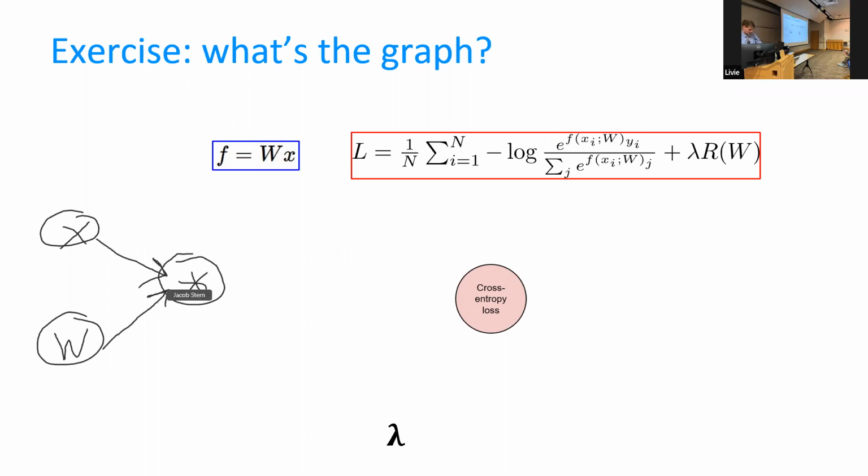Okay. What's next? I heard an activation function. Yes, you have an activation function F. Okay. Anything else in this computation graph?